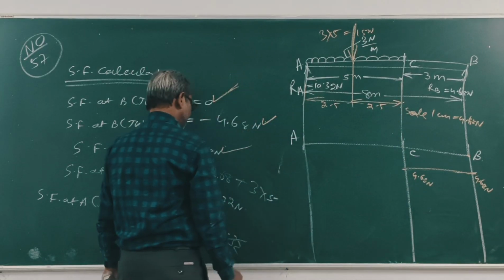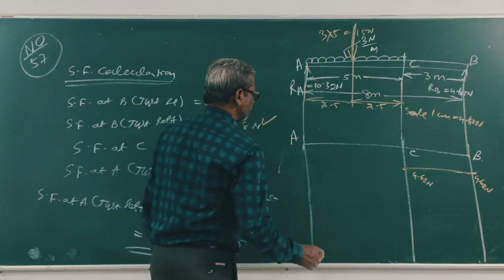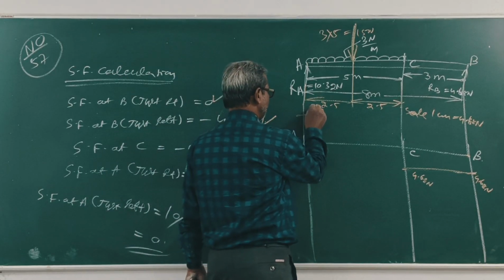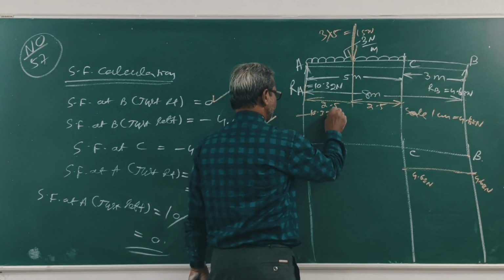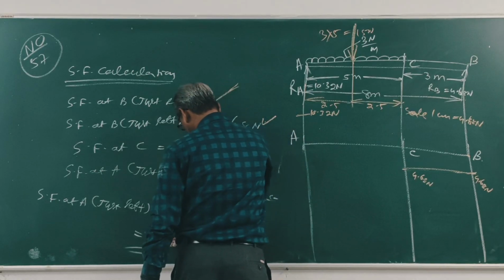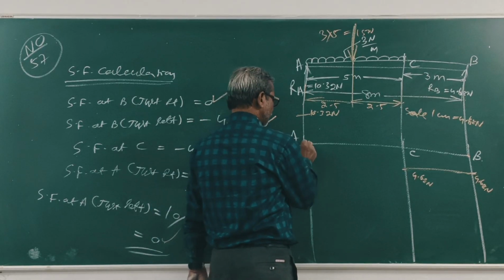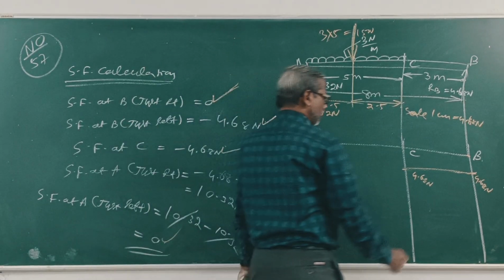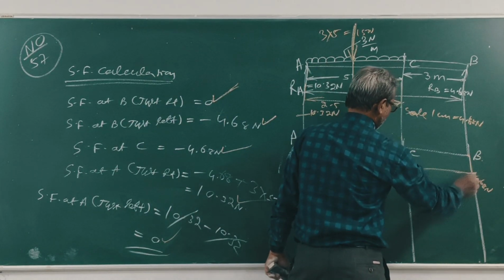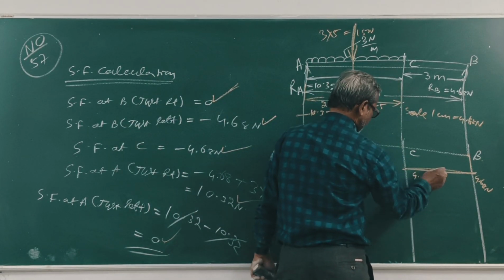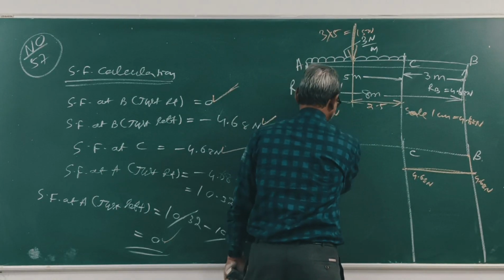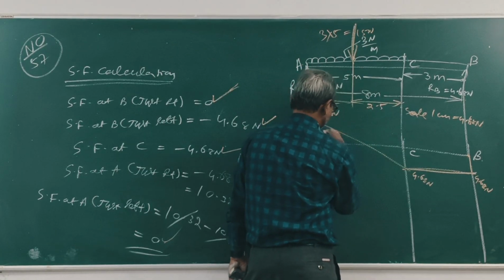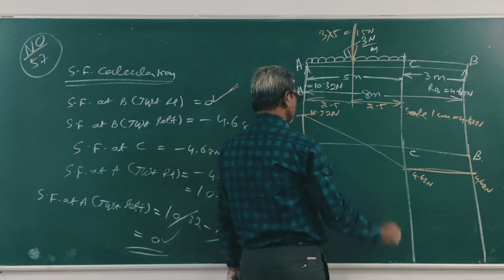A right 10.32. A left 0. Clear? So from B, 0 to minus 4.68, then minus 4.68, then up to 10.32, then this is equal to 0.